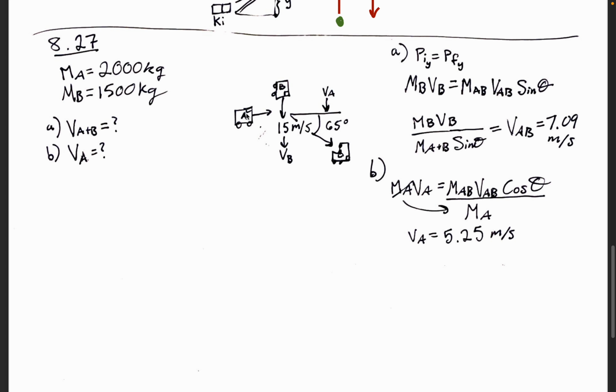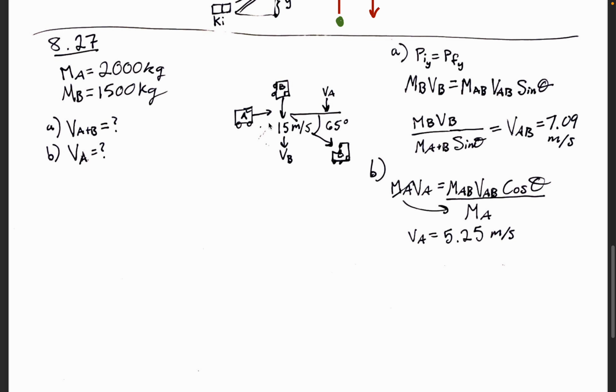Here, because we have components and we don't really know this velocity, we're going to componentize the momentums. So the momentum initial in the y direction is equal to the momentum final in the y direction.